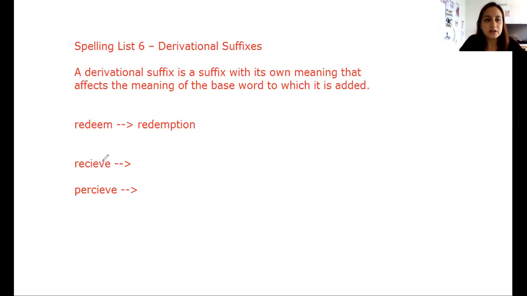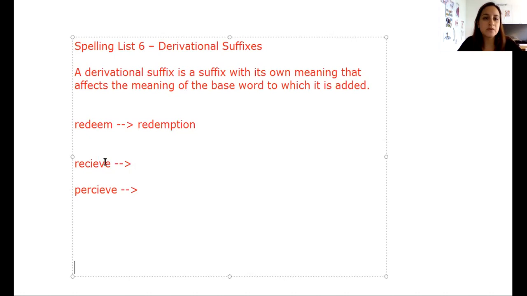Now, I want you to take a look at the next two words, receive and perceive. What do they have in common? They both end in VE, right? If we can highlight this. Okay, so we see that they both end in VE.